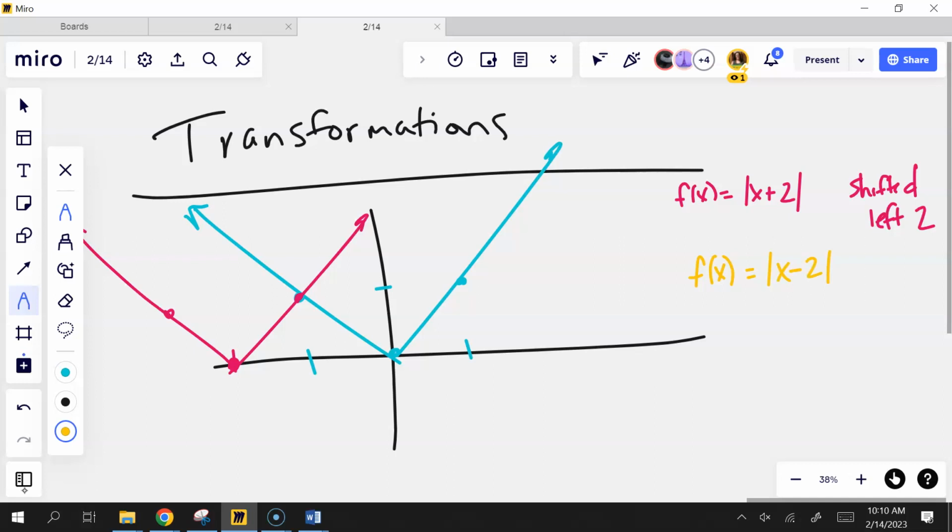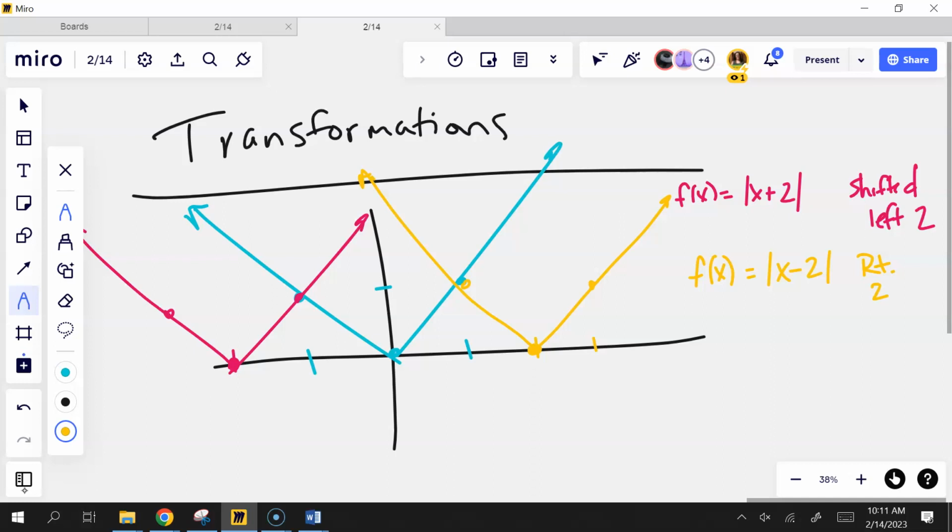Now what's my vertex? Vertex is now 2, 0. Same thing, slope of 1. Yes, that's exactly what it is.